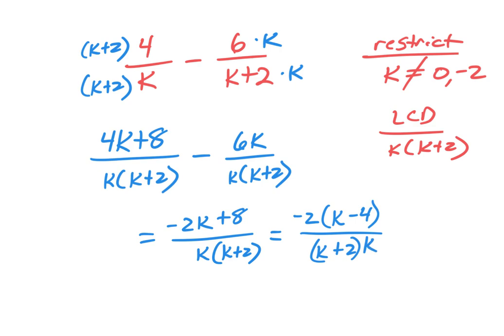Okay, and the reason why we do this part right here is because let's say I get a K plus 2 up here. If this was a K plus 2 and this was a K plus 2, then I could knock those two out. In some cases that'll happen, okay? And that would make it even simpler than it is already. In this case, nothing crosses out, so that's why we'll be done, okay? But if you don't check that, you may not notice that you could actually cross something else out.